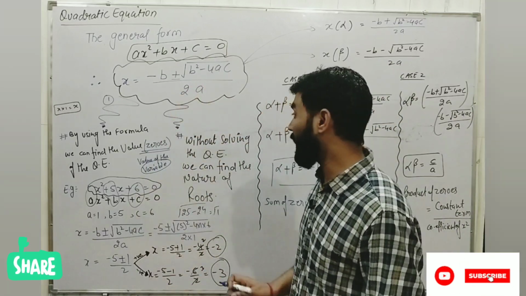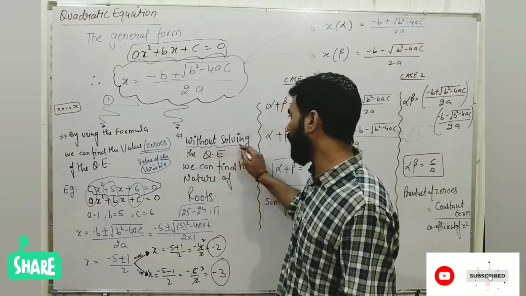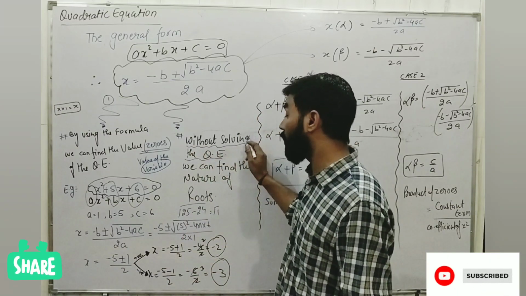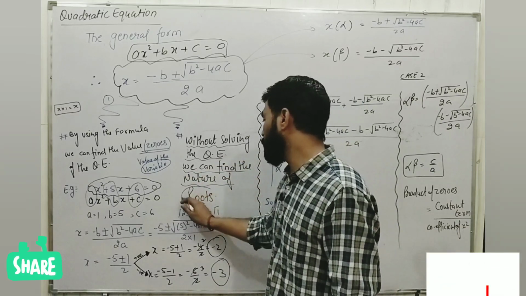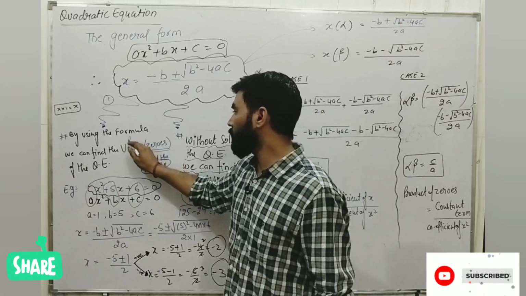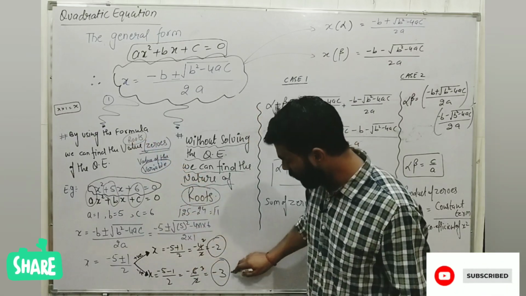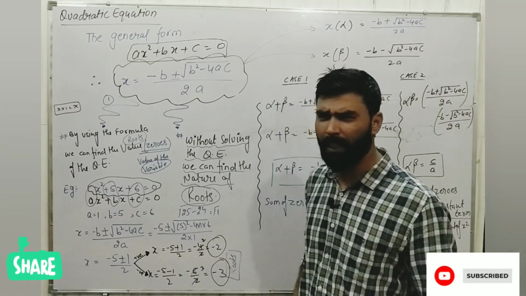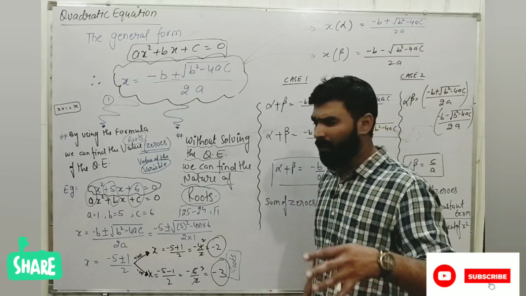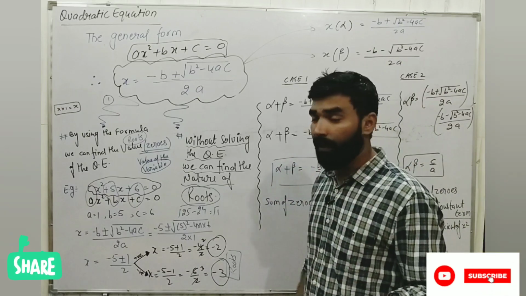That was the first characteristic. If we talk about the second characteristic, it says that without solving the quadratic equation, we can find the nature of the roots. Roots means the values, whatever answers you are getting. These are known as roots of the quadratic equation, solutions of the quadratic equation, zeros of the quadratic polynomial, whatever name you want to give.